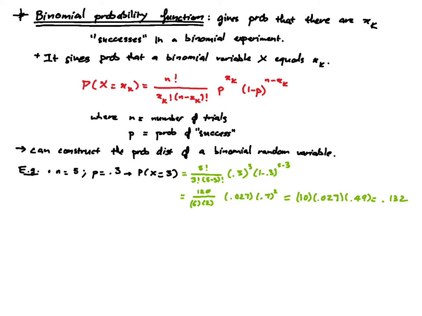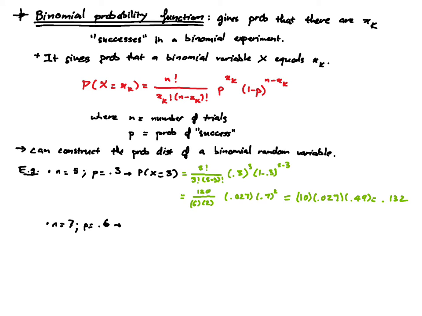Let's do another example. Let's look at a situation where n is equal to 7, p is equal to 0.6, and we want to find the probability that x is equal to 2.